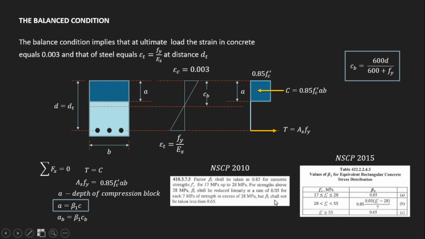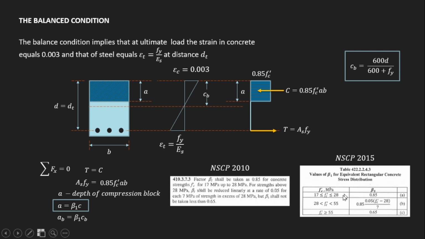But beta 1 shall not be taken less than 0.65. So, itong condition pareho dito sa letter B na condition. So, 0.85 din minus 0.05 (fc prime minus 28) all over 7. So, same lang sila. Ang kaibahan nila, wala siyang limit. Basta greater than 28 megapascal.